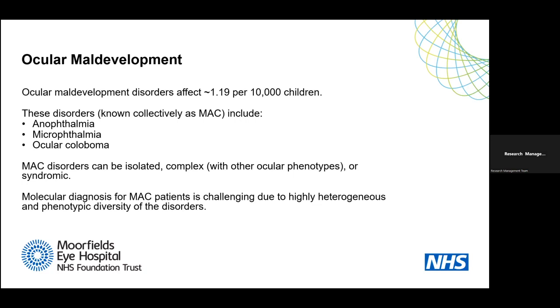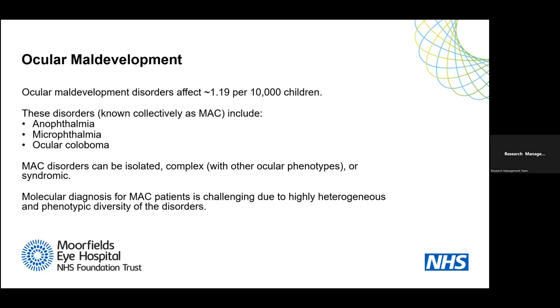This encompasses a spectrum of congenital eye disorders, collectively known as MAC, and this includes anophthalmia, which is the absence of an ocular globe, microphthalmia, which is a small eye, and ocular coloboma, which is the failure of the optic fissure to close during eye development.